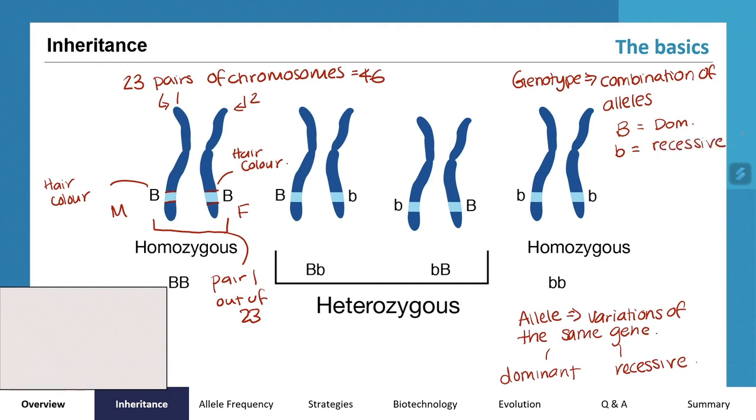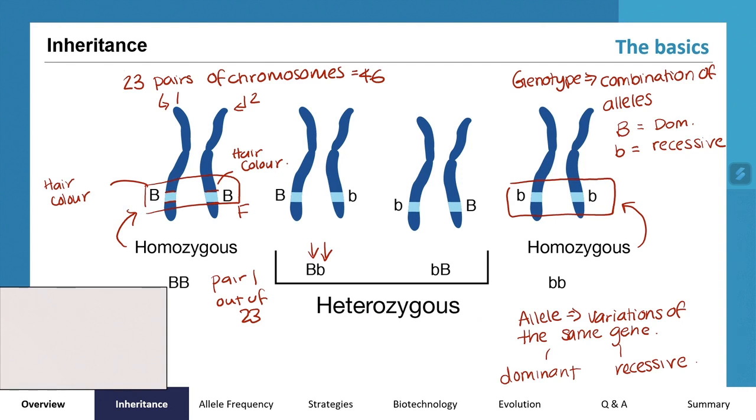If you've inherited 2 copies of the same gene, for example, here and here, both of them are the same letter, we say that the genotype is homozygous, this one being homozygous dominant, and this one being homozygous recessive. And if you've inherited a copy of 2 different types of genes, so 1 copy of the dominant and 1 copy of the recessive, you are heterozygous for the gene.